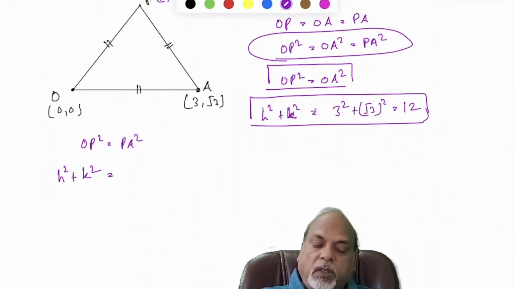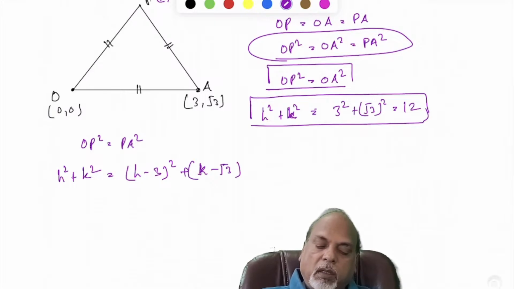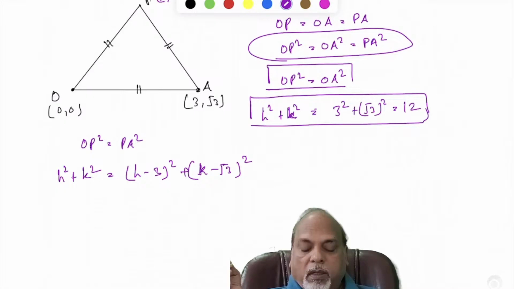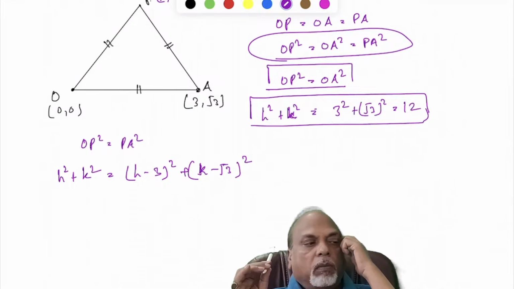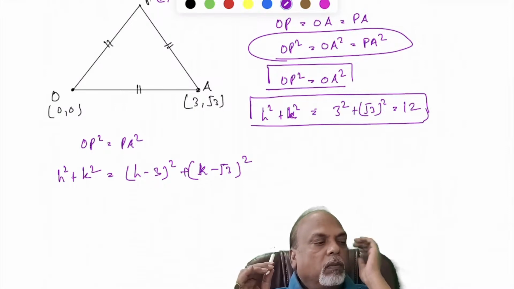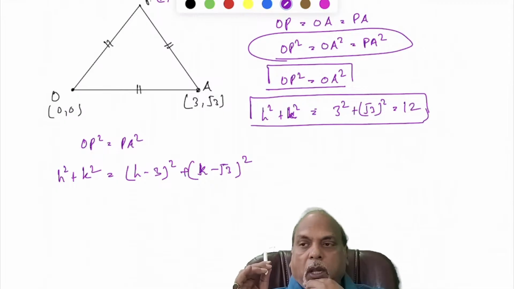And what is PA square? This will be H minus 3 square plus K minus root 3 square. These are 2 equations we have got. What do we have to do now?